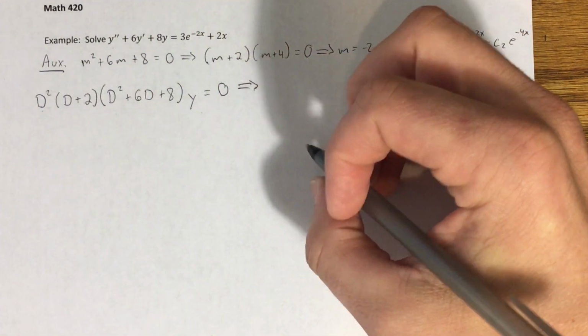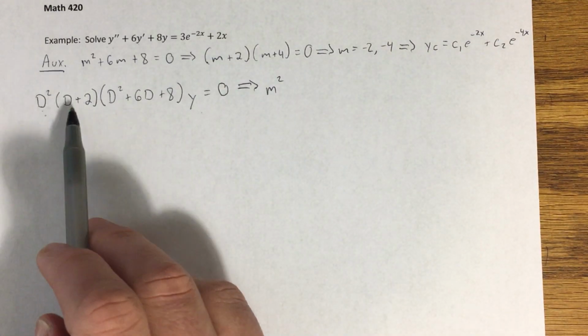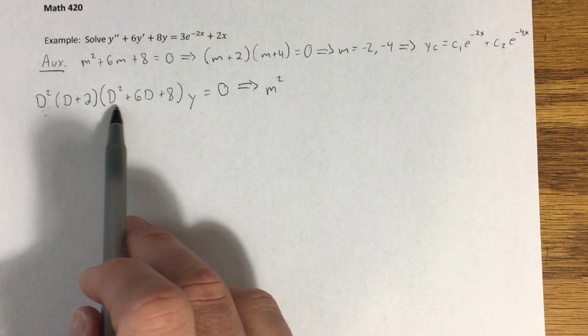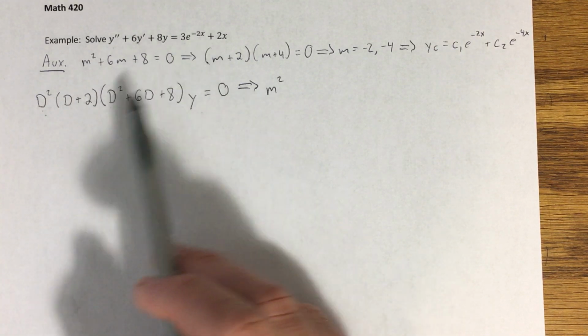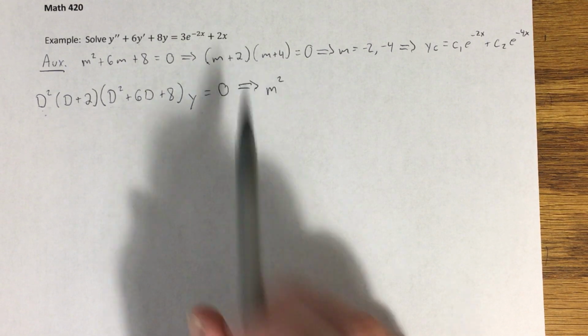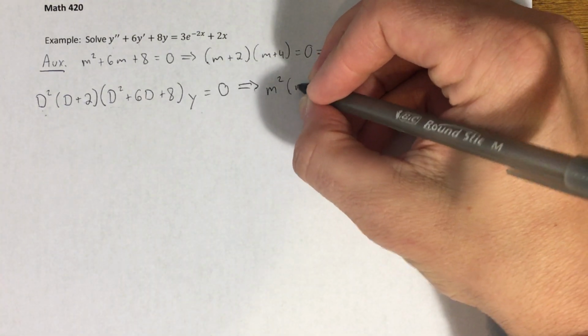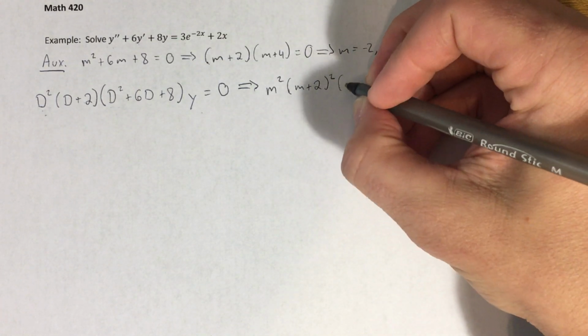What's the auxiliary equation for this going to look like? Well, it's going to look like m squared from my D squared, D plus 2, and then if I use the factored form of this, or sorry, m plus 2, that's going to become m plus 2. If I use the factored form of this that I found here, here's another factor of m plus 2 that's going to show up. So really, it becomes m plus 2 squared. And then I have m plus 4.